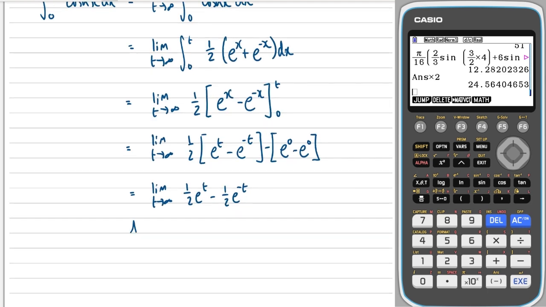And then we can say that as t tends to infinity, e to the t will also tend to infinity, and e to the minus t will tend to 0, and therefore, because one of them tends to infinity, we could say the integral is divergent.